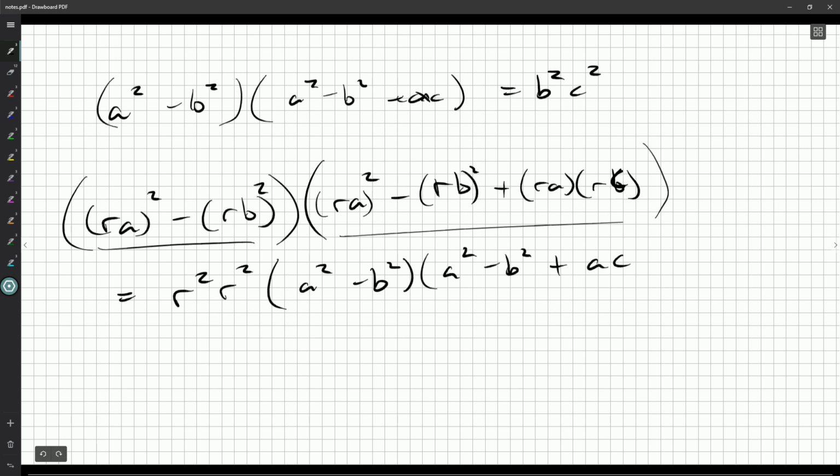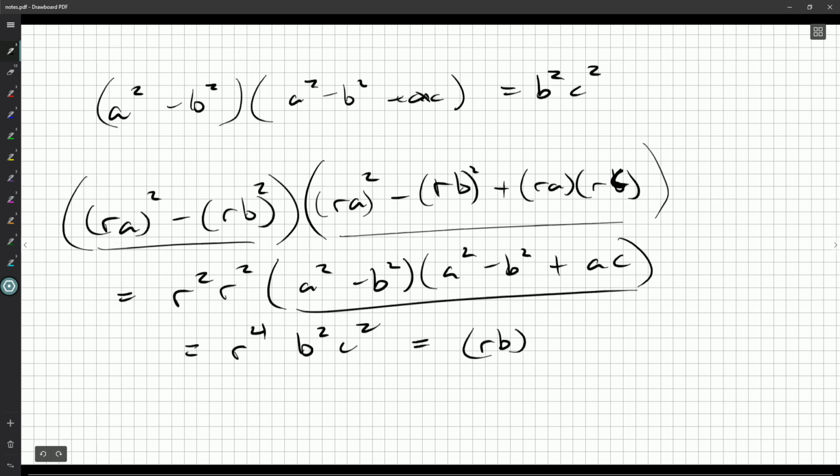So the specifics of the a, b, and c being integers is not that much of a pain because you can always just choose your scaling factor r to make everyone an integer as long as they're rational. I wasn't too worried about that 2b squared there. So that's r to the 4, and then this part here becomes the b squared c squared, but then you can change that to rb squared rc squared.